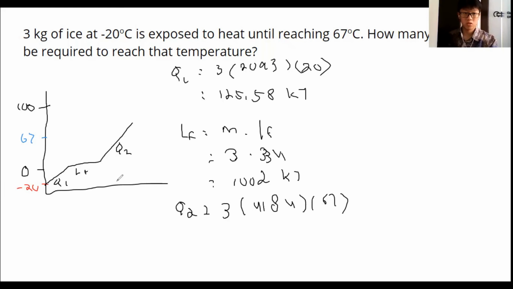But on Q2, it is water, so we use the heat capacity of water. So we multiply all of this together. To find the total, we just add it together. So it will result in 1,968.564 kilojoules.